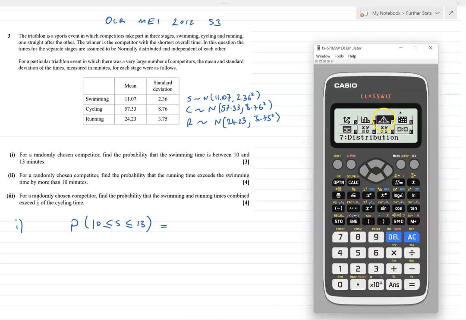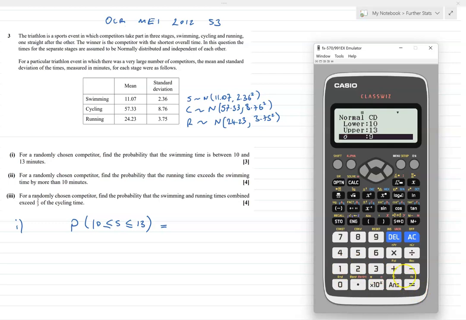So it's the distribution number 7 that we want on the FX9911 ClassWiz, and we go for normal CD. The lower is 10. The upper is 13.